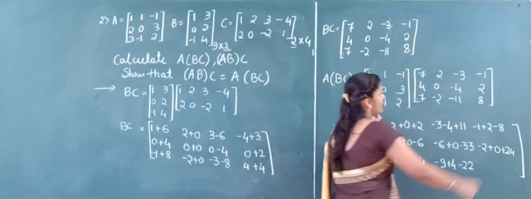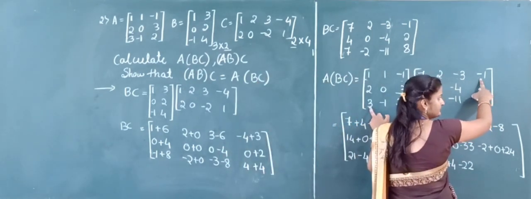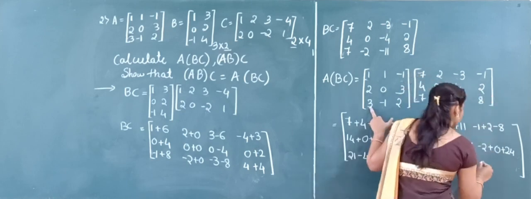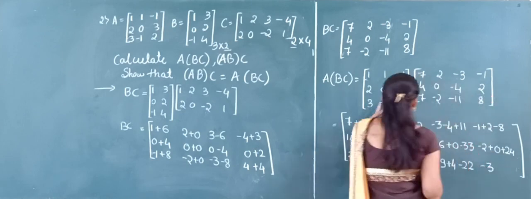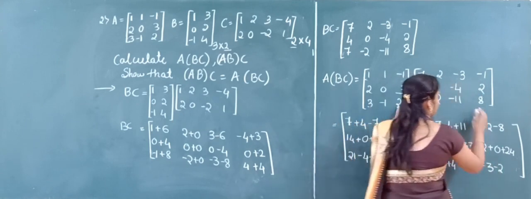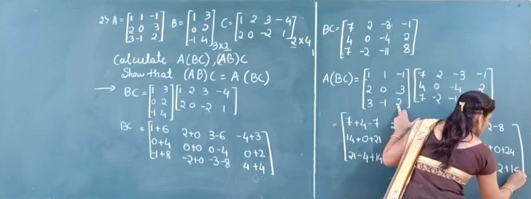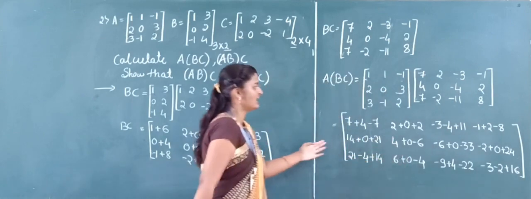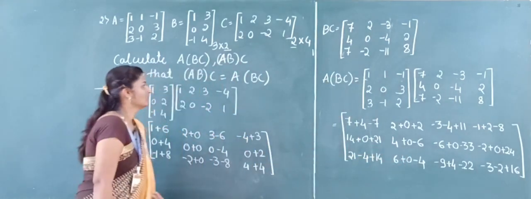Next, 3 into minus 1 is minus 3, minus 1 into 2 is minus 2, 2 into 8 is 16. After multiplication, we will get the matrix like this.